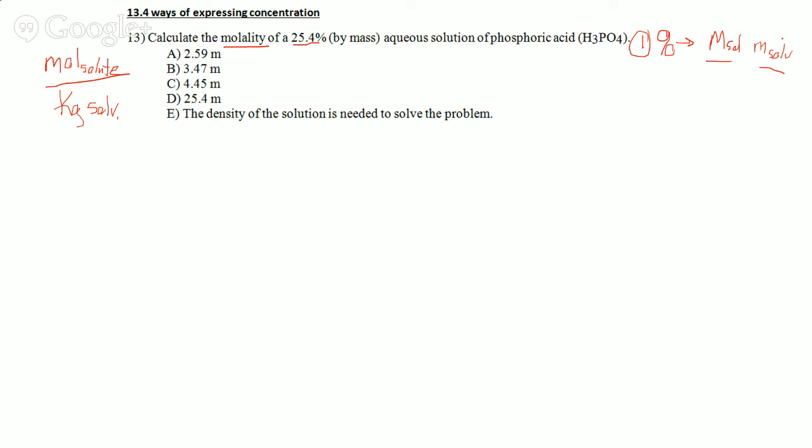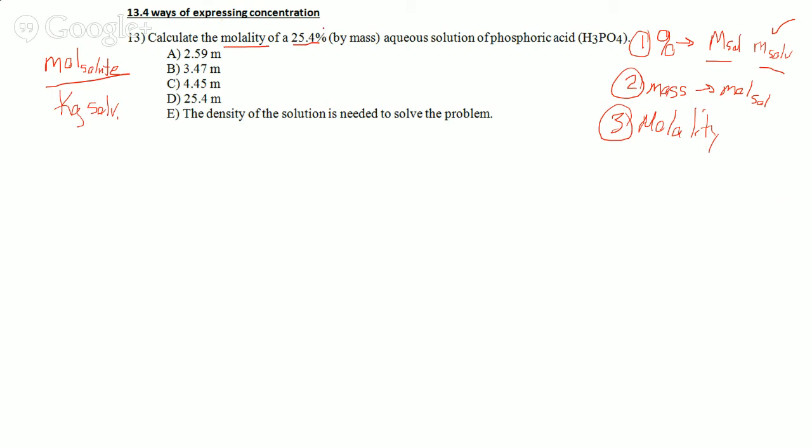Now, mass of the solvent is what we're going to use, but now we got to do something with that mass of the solute. So how do we go from mass to what we need in moles? Well, GFM, right? And then once you got that, then you can plug it into your molality equation and solve for it.